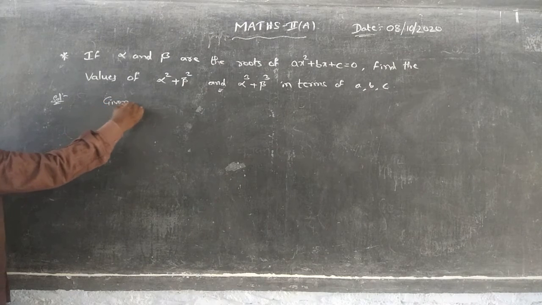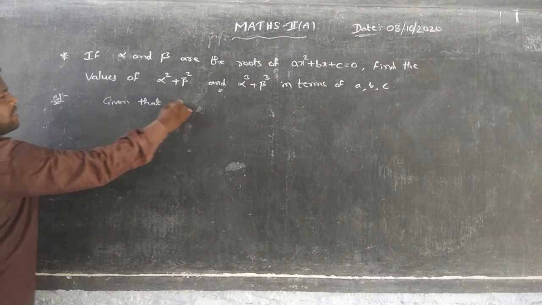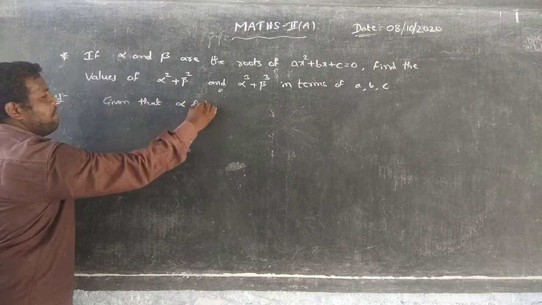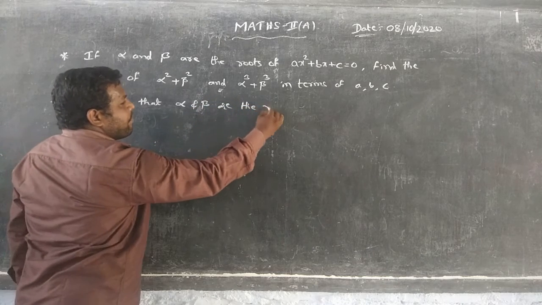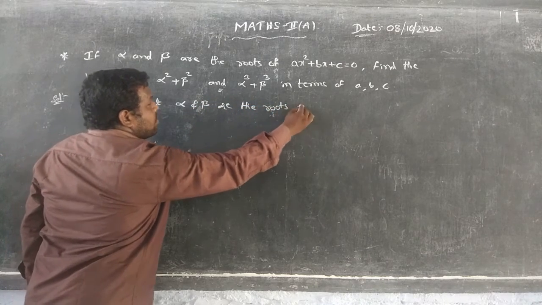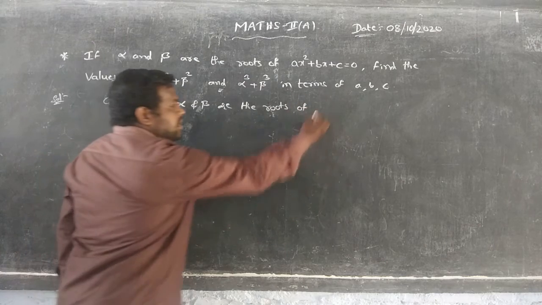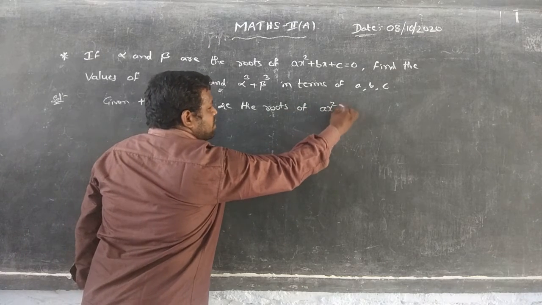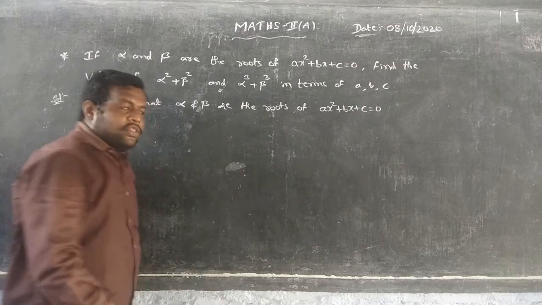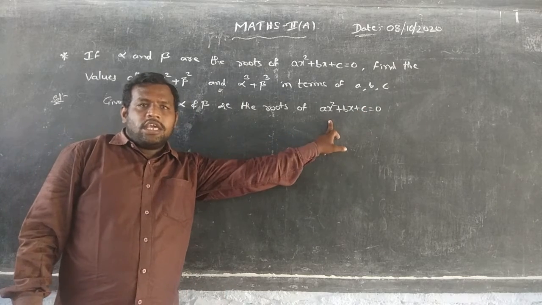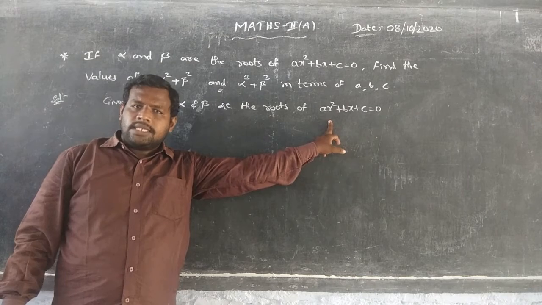Given that alpha and beta are the roots of ax square plus bx plus c is equal to 0. This equation represents a quadratic equation in the variable x.